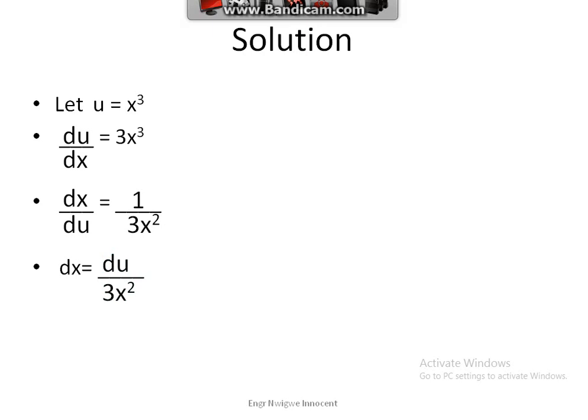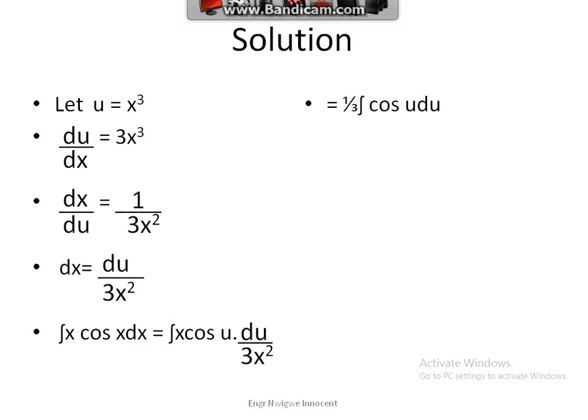The integral of x squared cos x cubed dx is equal to the integral of x squared cos u times du over 3x squared, which is equal to 1 over 3 the integral of cos u du, which is 1 over 3 sin u plus c, which will give us 1 over 3 sin x raised to the power 3 plus c.